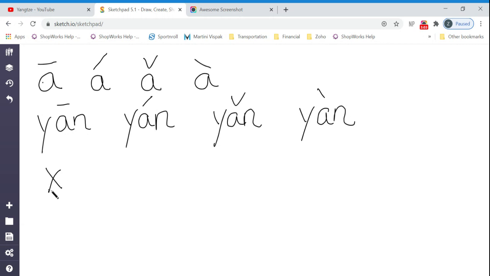Let me give you another example. Xiè means thank you. Of course, we usually say 谢谢 with the same word doubled, but this one alone means thank you.